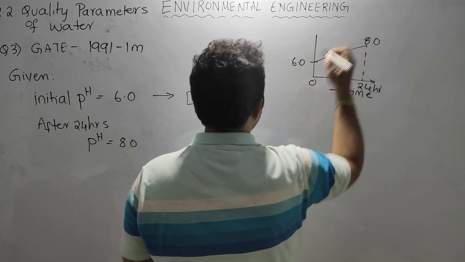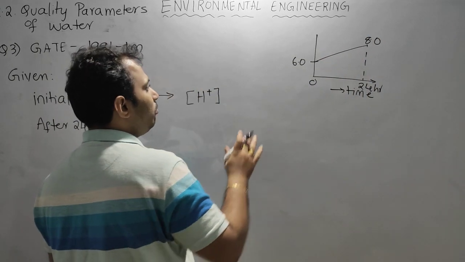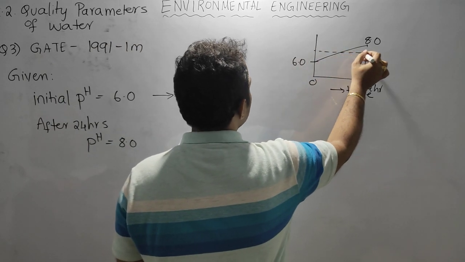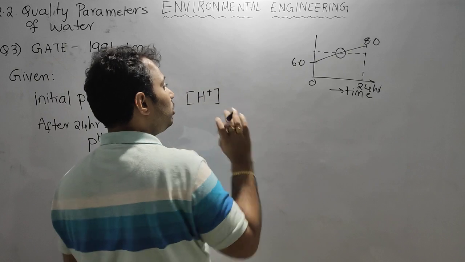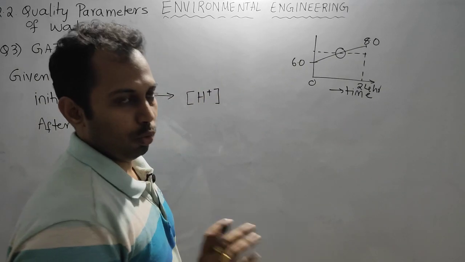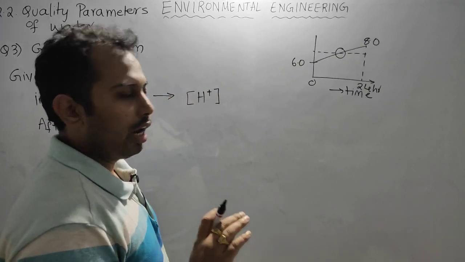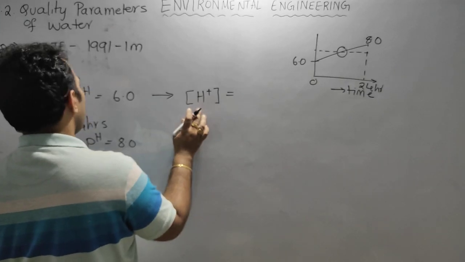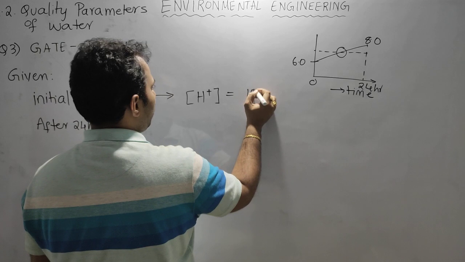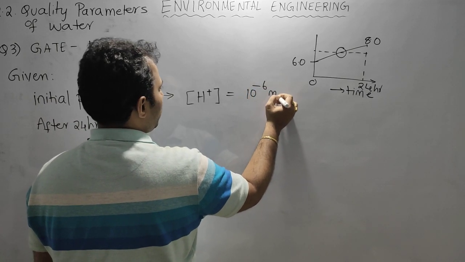Mean is not the average of 8 plus 6 by 2. Mean is hydrogen concentration mean we need to find. So the hydrogen ion concentration is 10 to the power of minus 6 mole per liter.